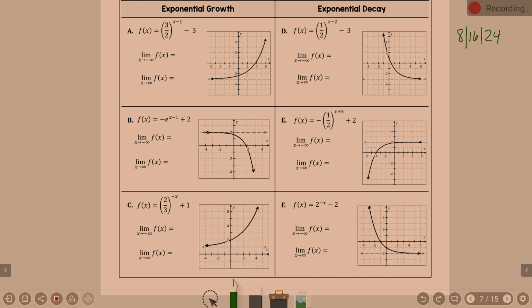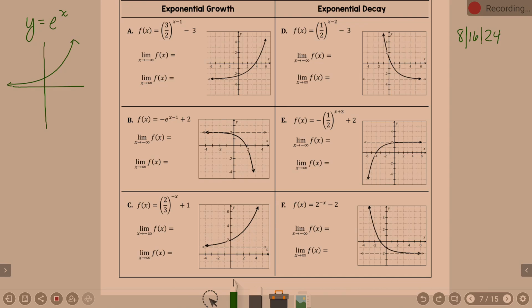If we go back to pre-calc, lesson 1.2 or 1.3, one of your graphs was y equals e to the x. Either way, your exponential graph was just this basic increasing graph. That was your basic exponential graph. As you look, these are all versions of that graph.